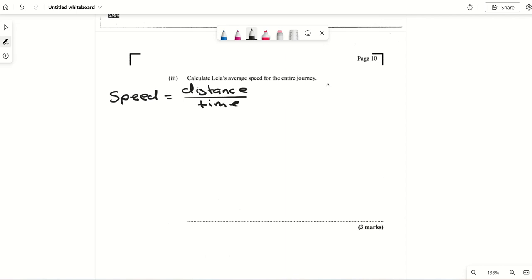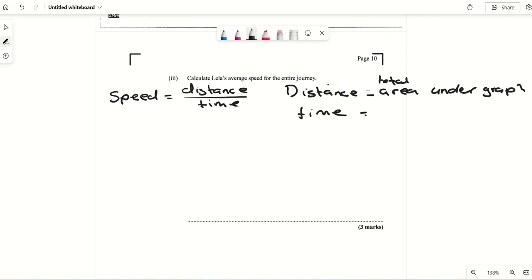We know your distance is the total area under the graph. Your time would be 300 seconds.